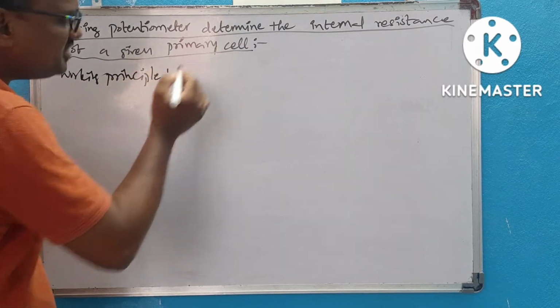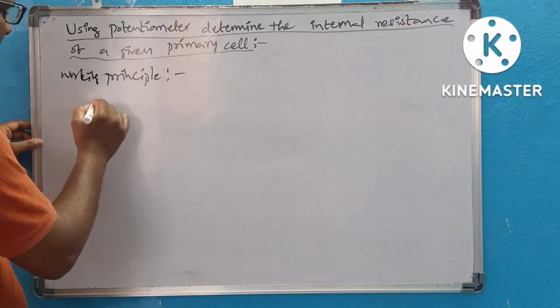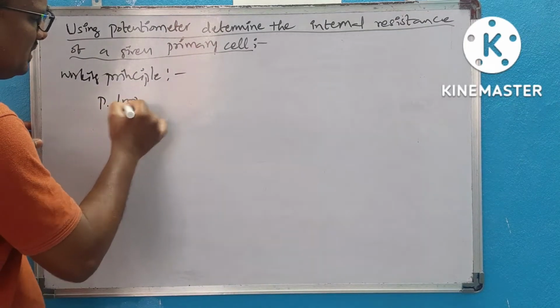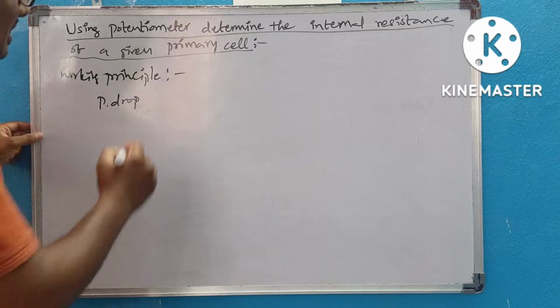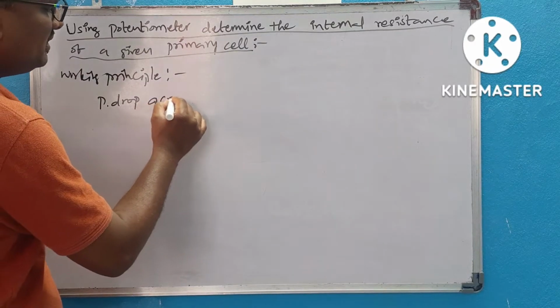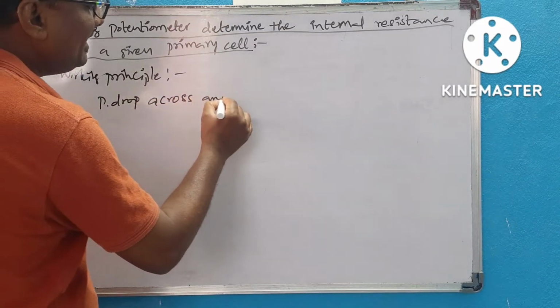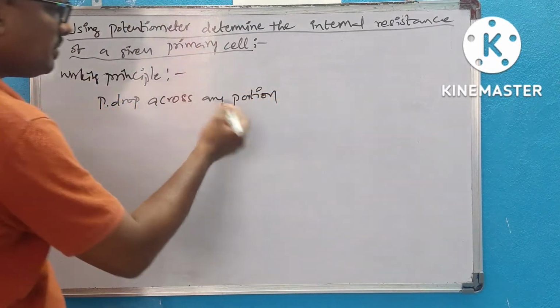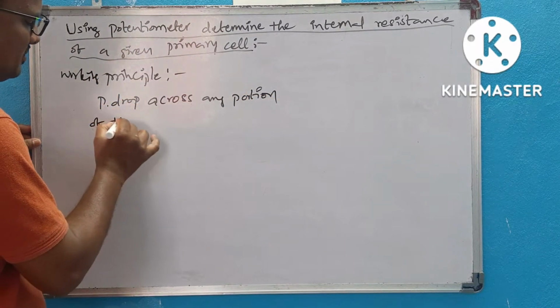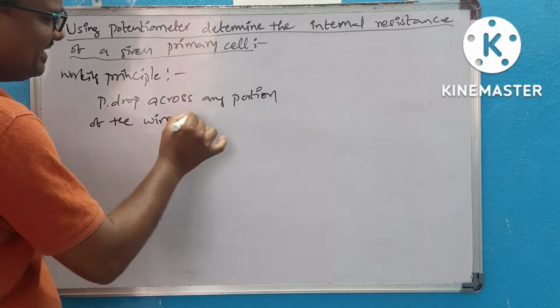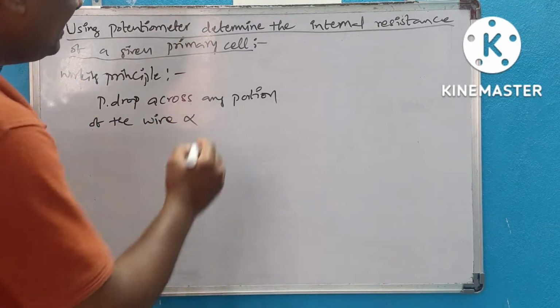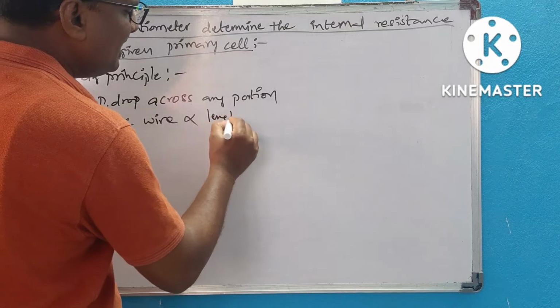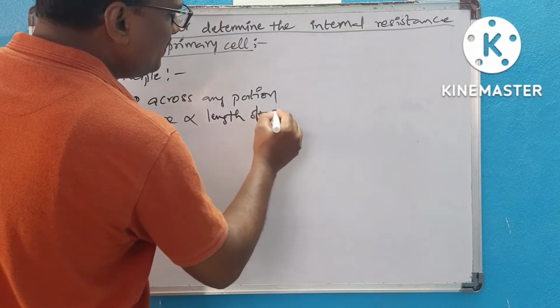Working principle of potentiometer: the potential drop across any portion of the wire is directly proportional to the length of that portion of the wire.